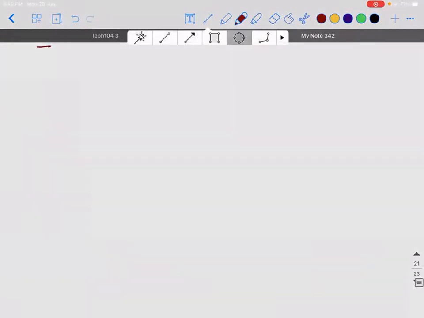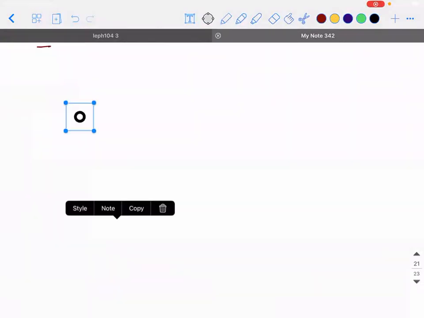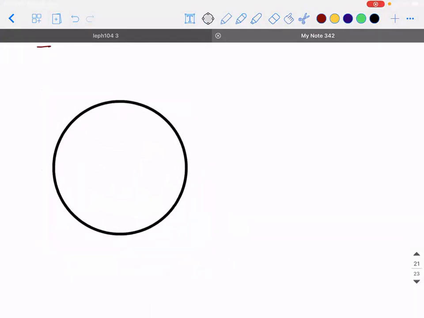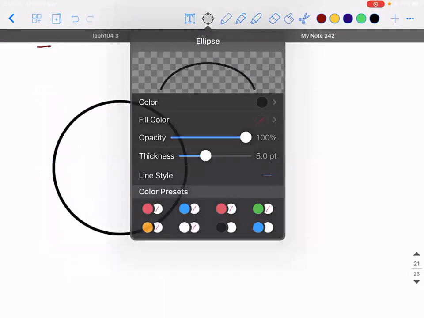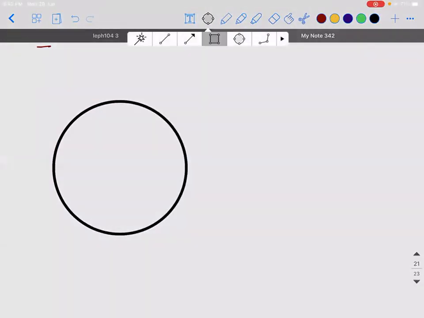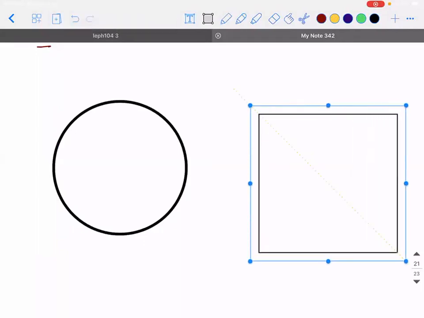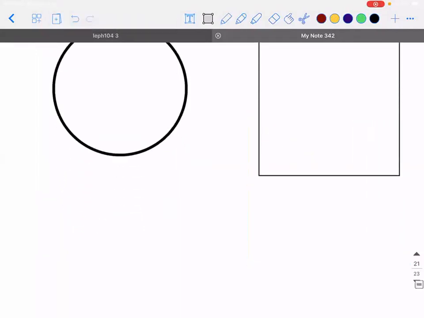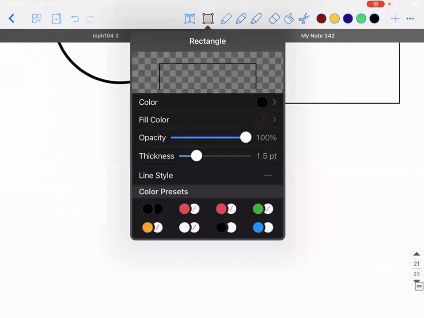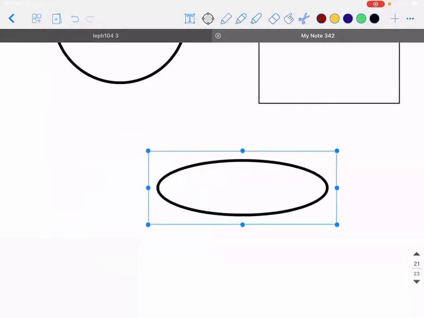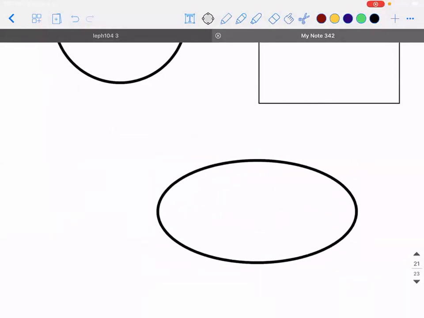Suppose I have a current carrying loop like this.